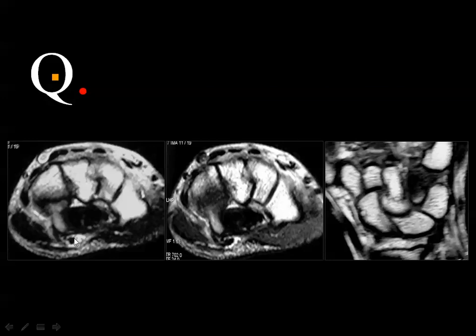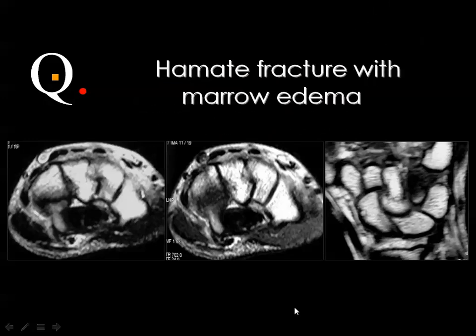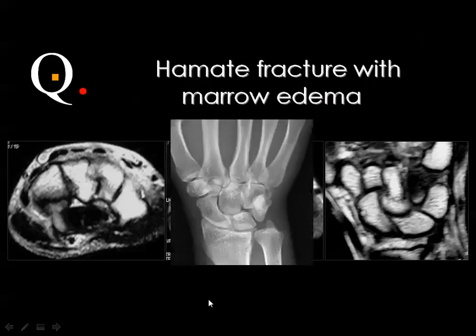And this is fracture of the hook of the hamate. You can see the fracture line, and the fracture is surrounded by bone marrow edema, which will appear of low signal in the T1 and high signal in the T2. And fracture of the hook of the hamate is one of the causes of the carpal tunnel syndrome. It may increase the pressure inside the carpal tunnel and result in abnormalities in the median nerve.